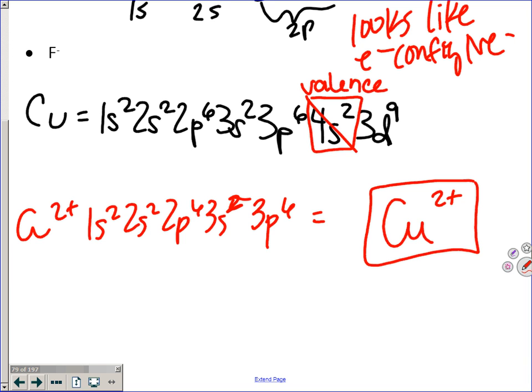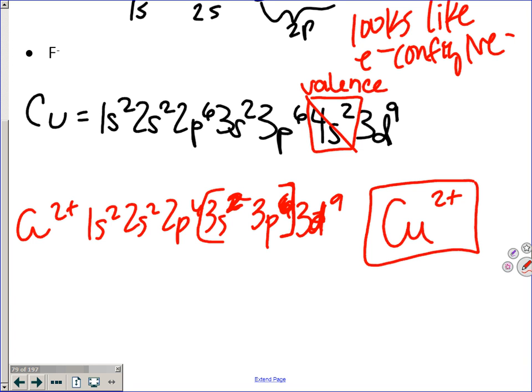Oh no, I'm sorry, I forgot the 3d. All right, so this one doesn't exactly look like a noble gas, but what you'll notice is that in its 3rd energy level, it has collectively the 3s2 and 3p6. That is where its octet is. But the transition metals are a little harder, and that's why I don't ask them too frequently.